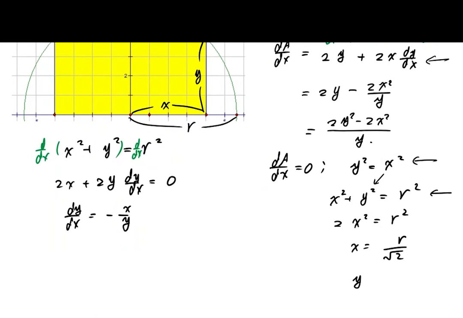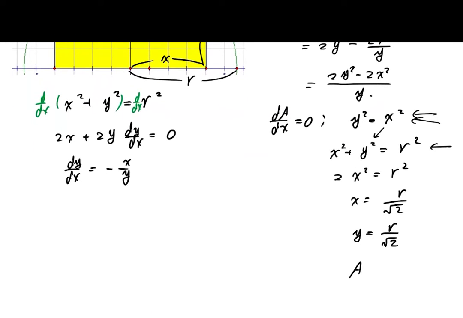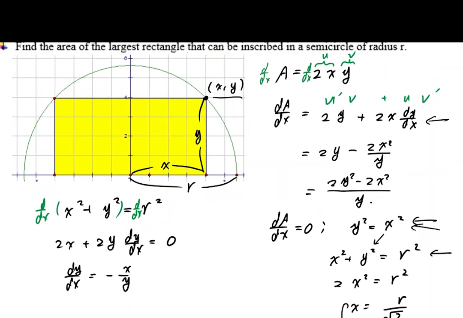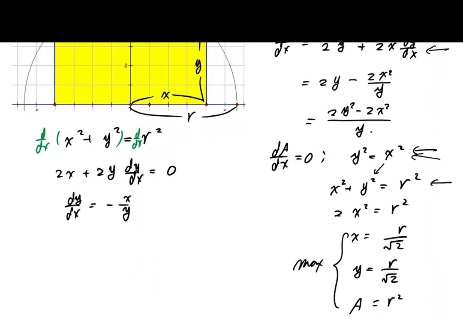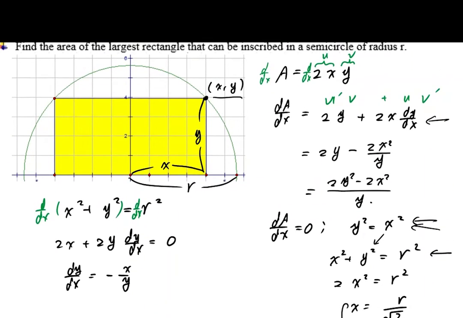Then your y, looking at this equation right there, y should be the same thing, positive only this time, and your maximum area is 2 times x times y. That's r squared. Now, are you surprised by that answer? R squared? Does that look like R squared to you?